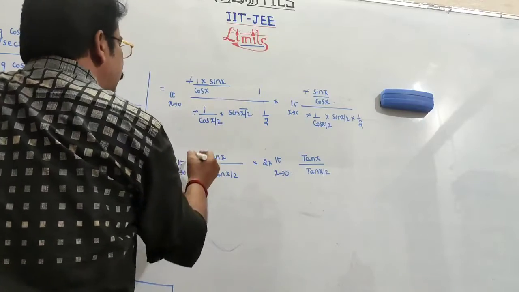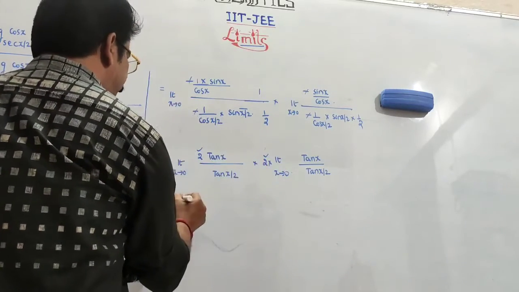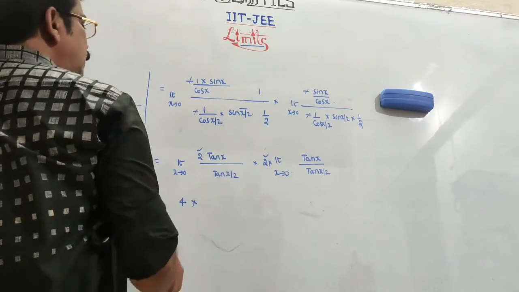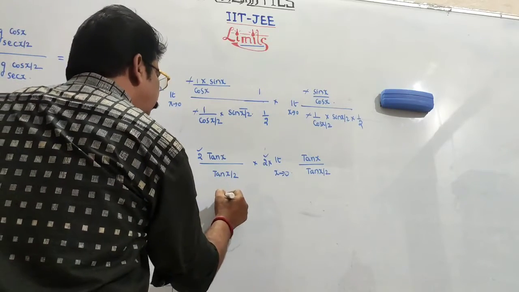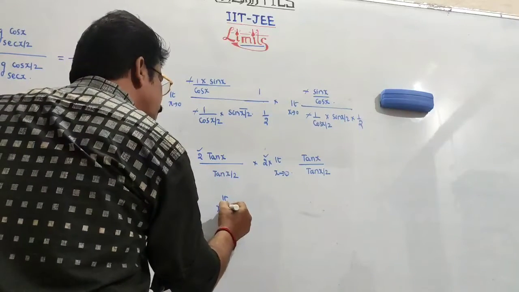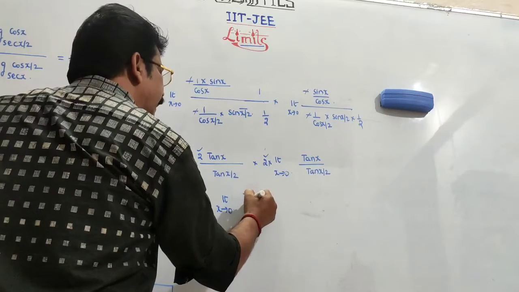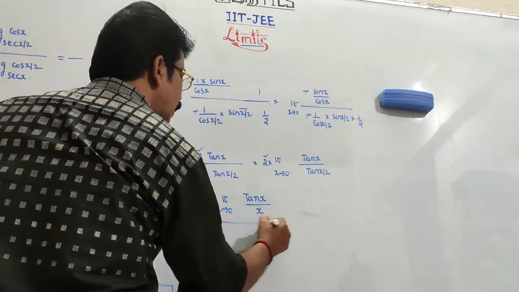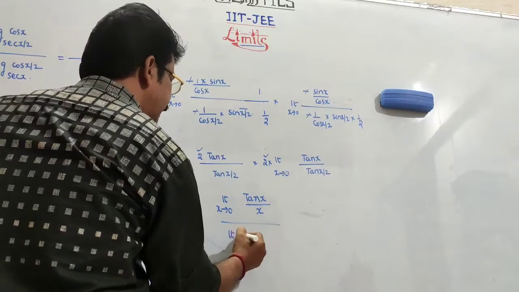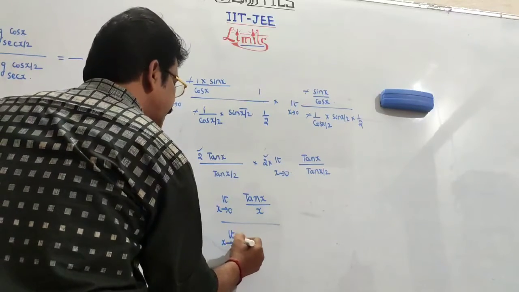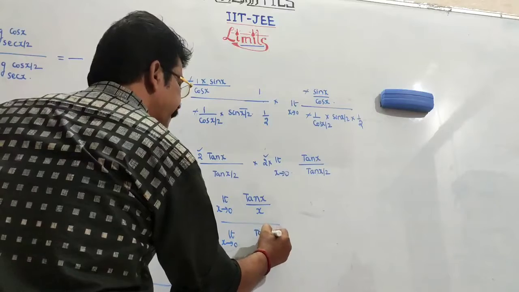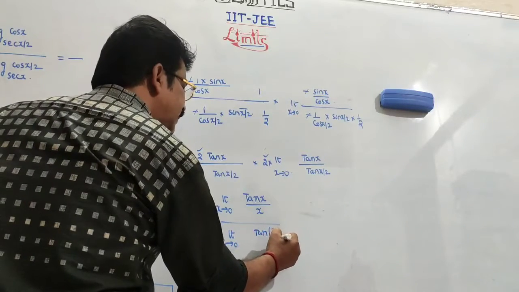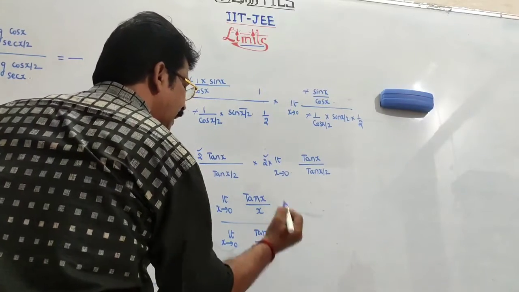So that is equal to 2 into 2, 4, into limit x tends to 0 of tan x divided by x, whole divided by limit x tends to 0 of tan x by 2 divided by x.